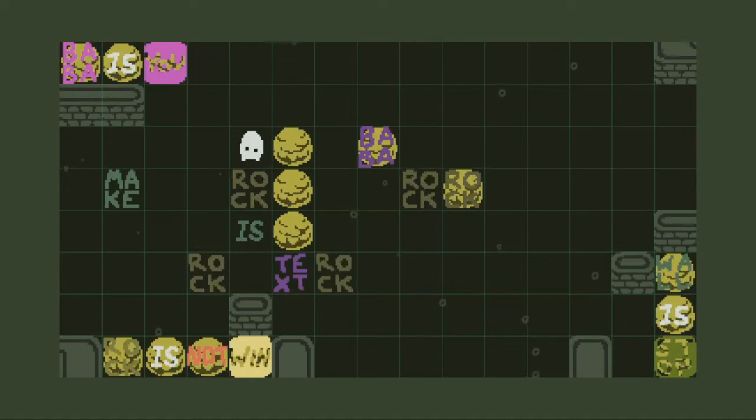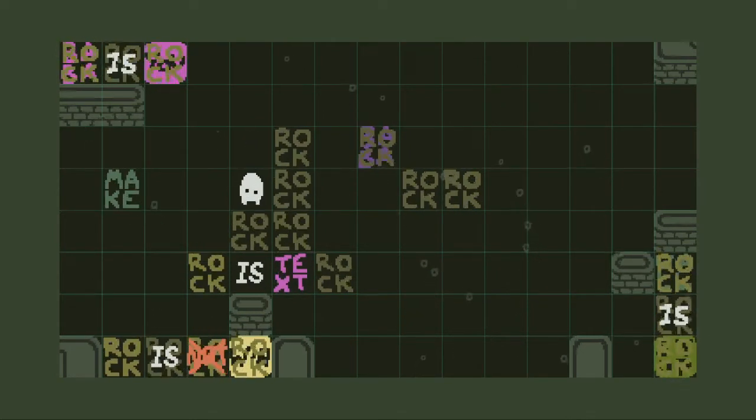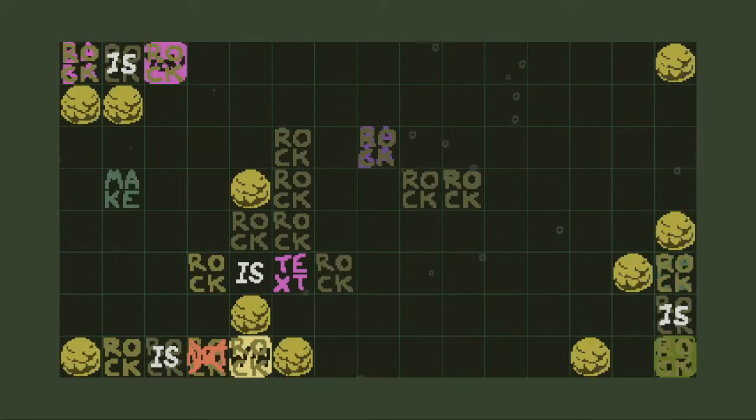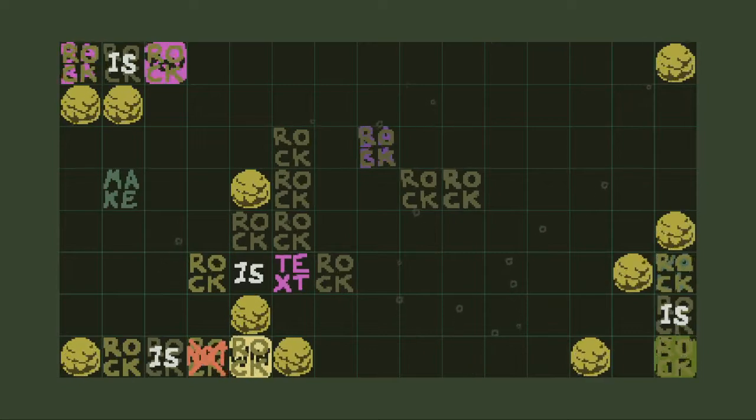If I had a second Baba, it wouldn't matter, because after I waited once here, but if I had another rock, I would need to already have gotten rid of the text keyword.